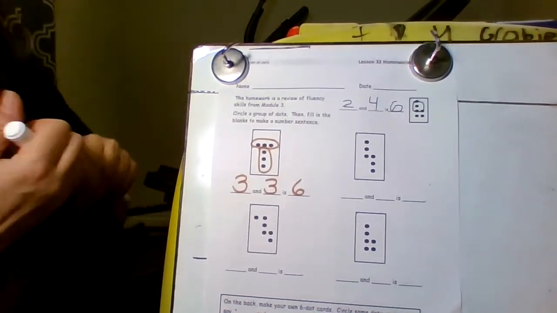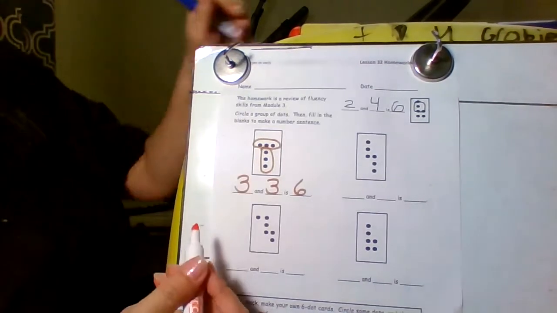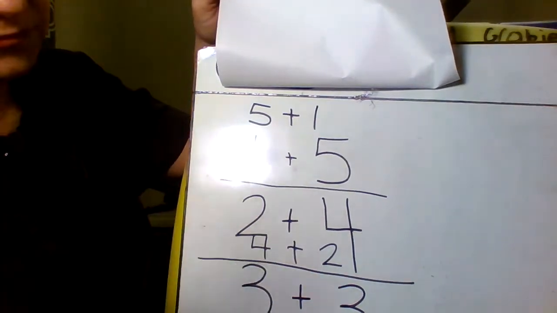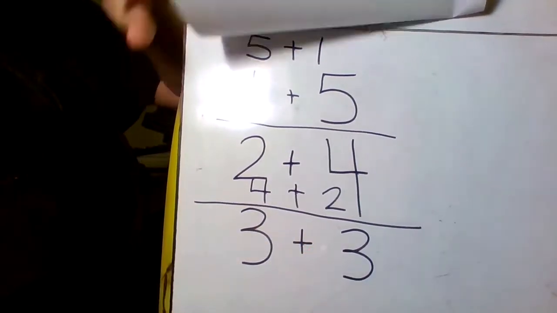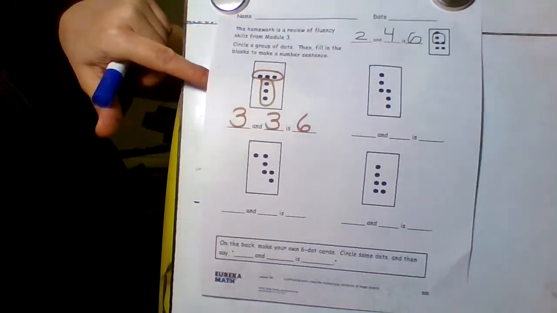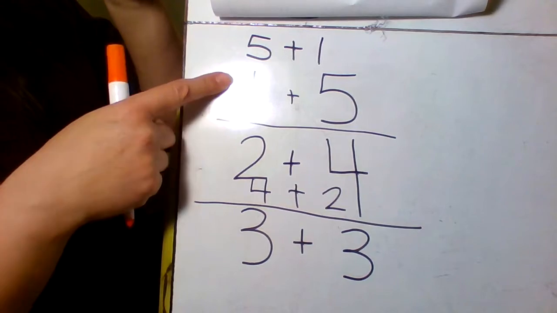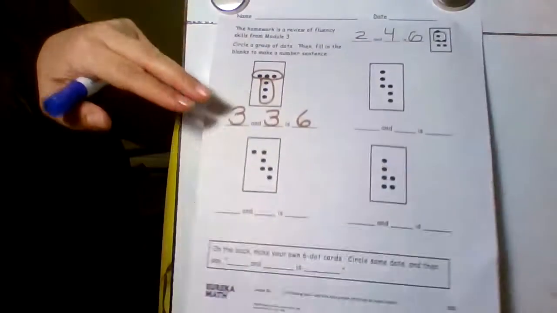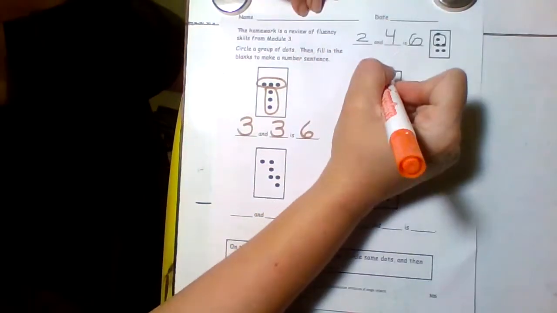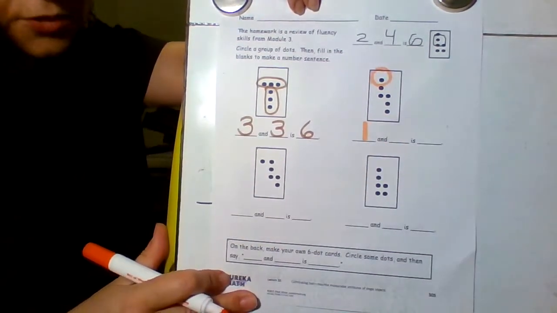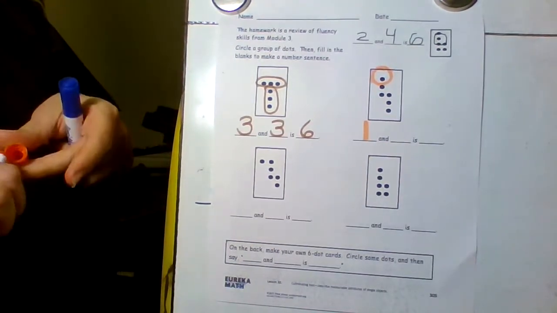Well, we could make 6 if I look over here. We just did the 3 and 3. 3 and 3 was the one we did here. Maybe we could do one of these other ones. You want to do this one? Let's try that one. 1. Don't know if you can see my orange there. 1.